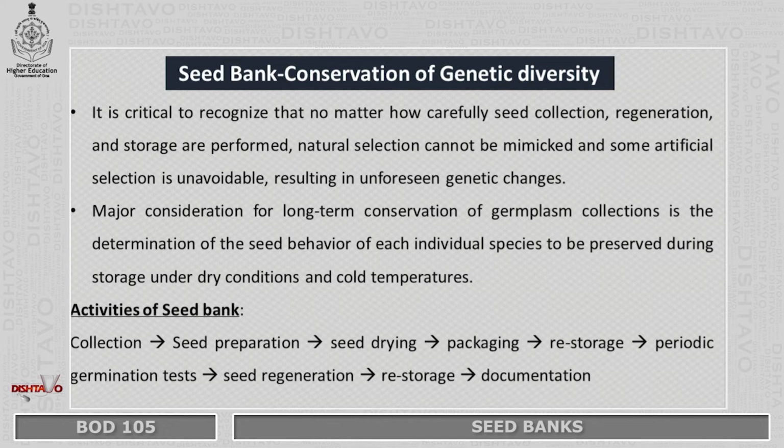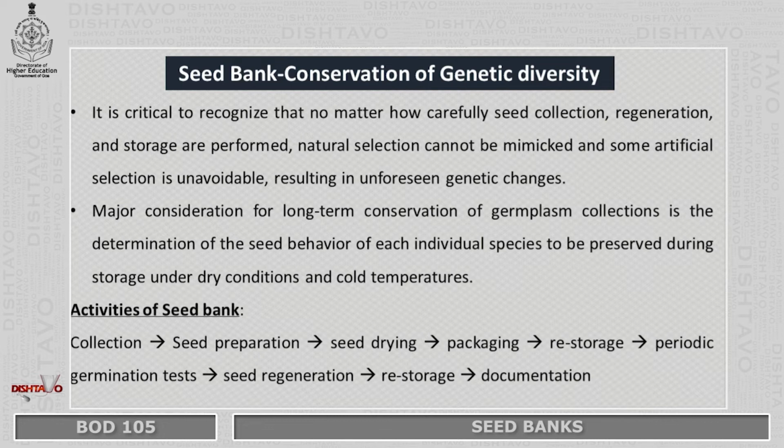So, each species or each seed may show differential behavior to the kind of preservation that has been carried out, or the type of conditions that a seed has been kept in for long term storage. Hence, it is important that the seed behavior has to be determined for each of the seeds.